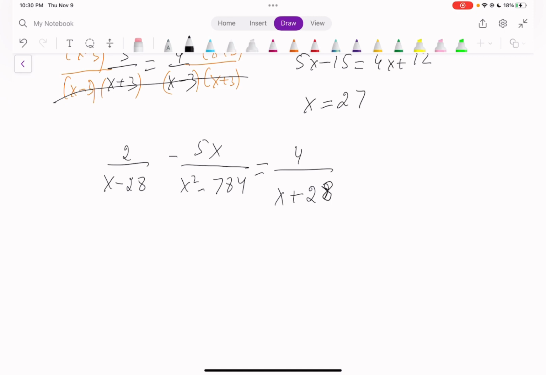So, I am guessing 784, I can bet it's 28 squared. So this means x minus 28 times x plus 28, right? Which means here I'm multiplying by x plus 28, here also x plus 28.